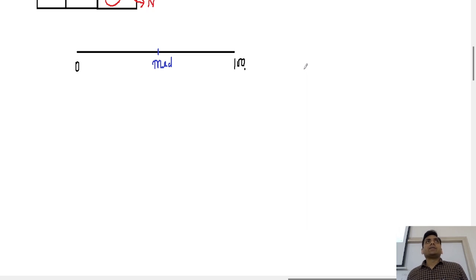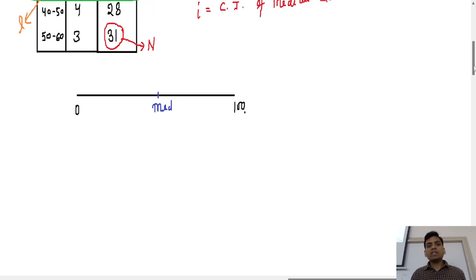To find the median, we need the midpoint. How many cuts do we need in data? To get 2 parts, we need 1 cut. Clear? So that's why there is only one median.